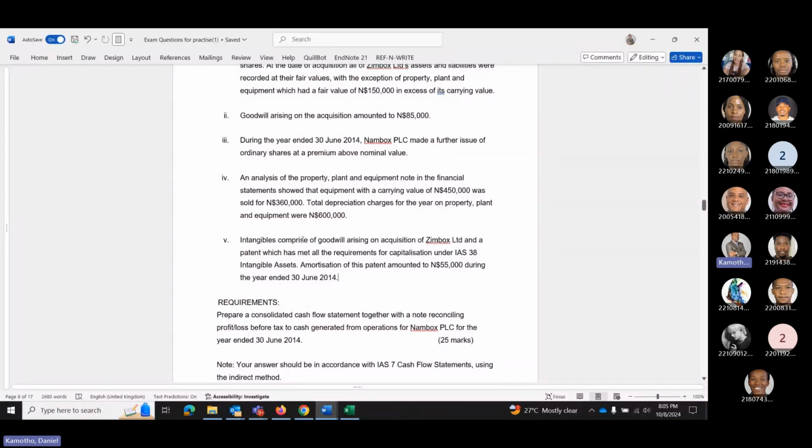So we have been told intangible comprises goodwill on acquisition and a patent which met all the requirements under IAS 7 intangible. Amortization of this patent amounted to 55,000 during the year. So again, we have another amount of amortization which does not involve cash.